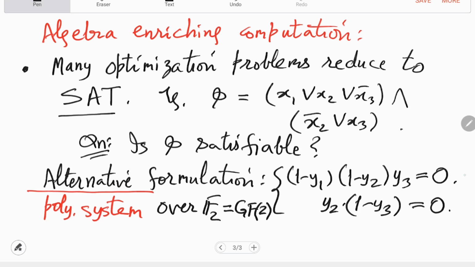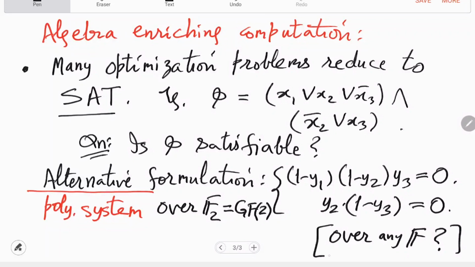So this is true for F2 but also over any field, it is a translation. So the field is not really important in this translation.